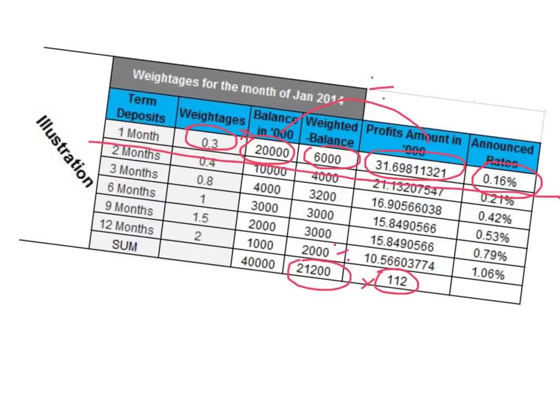As we can see here, these weights are set at the bank's discretion to incentivize higher tenor deposits, as obvious in the case of 12 months deposit offering 1.06% as against 0.16% for 1 month deposit. So friends, this is it on the profit distribution mechanism.